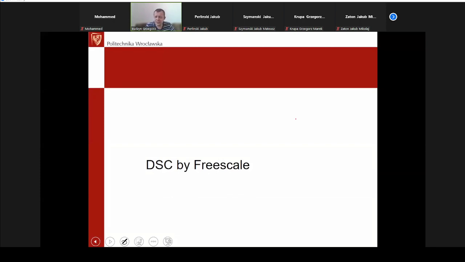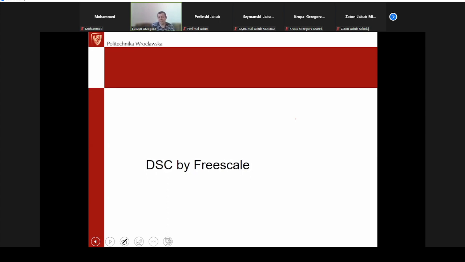Yeah, and to finish this subject, Freescale, so DSCs by Freescale. A bit historical, to be honest, even more historical, because Texas Instruments is still fighting. In the case of Microchip, they are a vital part of the whole product line, those DSPs. In the case of Freescale, no, it's NXP, to be honest.